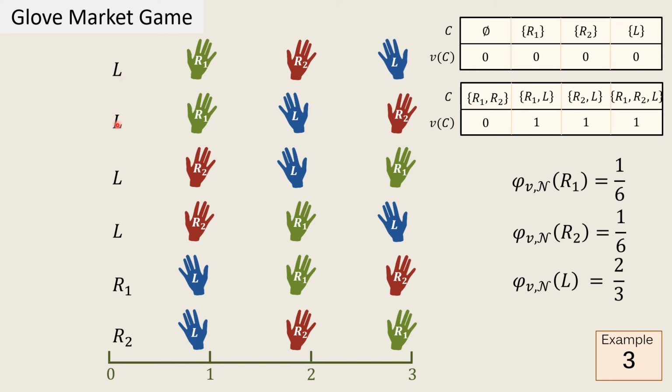Now, in all four cases here, the first four cases, we have at least one right glove. And so in each case, adding the left glove increases the value from 0 to 1. And so 4 over 6, that is 2 over 3, is the Shapley value of L.